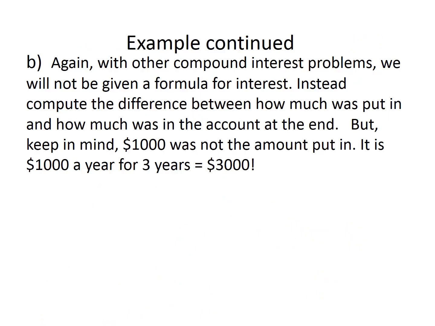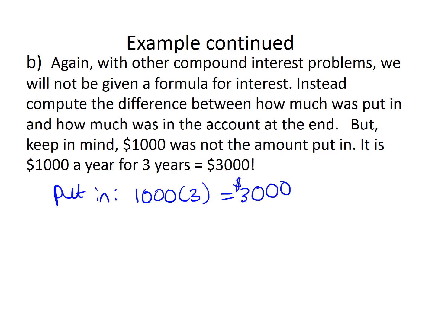Again, with other compound interest problems, we will not be given a formula for interest. Instead, compute the difference between how much was put in and how much was in the account at the end. But for this problem, keep in mind that 1,000 was not the amount put in. You put in $1,000 for 3 years, so you actually put in $3,000.